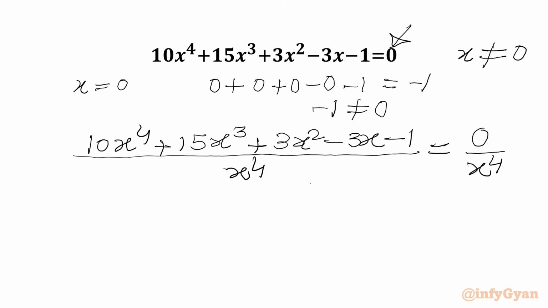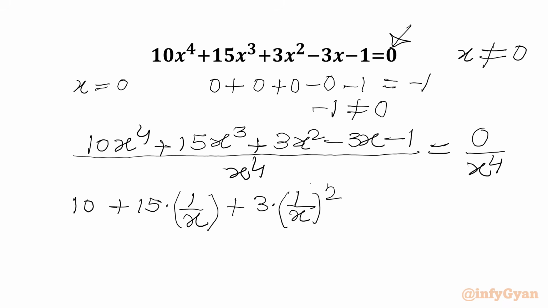Let's divide. 10x power 4 over x power 4 is 10, plus 15x cube over x power 4, which is 15 times 1 over x or 15 over x, plus 3 times x square over x power 4, which is 1 over x whole square, minus 3 times x over x power 4, which is 1 over x cube.